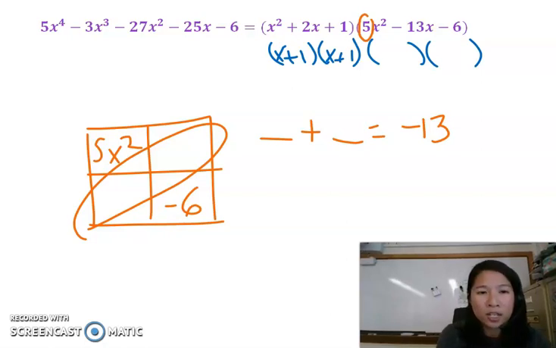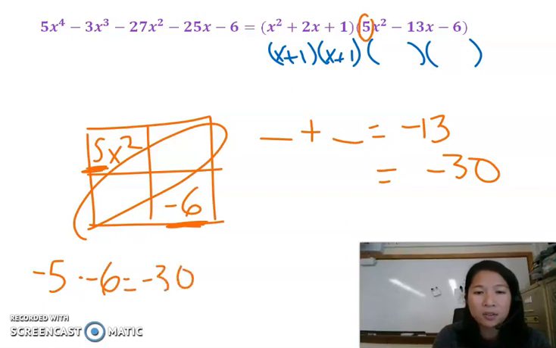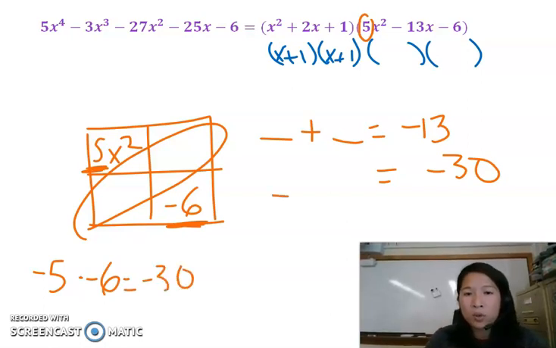Then we're going to take our leading coefficient times our y-intercept. So that's going to give us negative 30, right? Again, we did that by taking 5 times negative 6. That's going to give us negative 30. So we need to find two numbers that add up to give us negative 13 and multiply to give us negative 30.